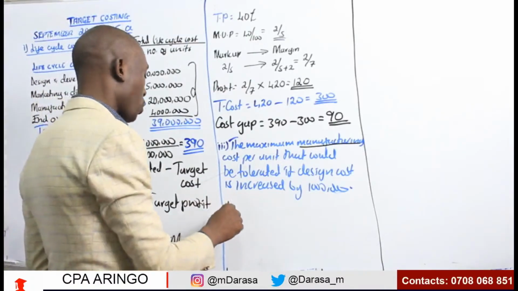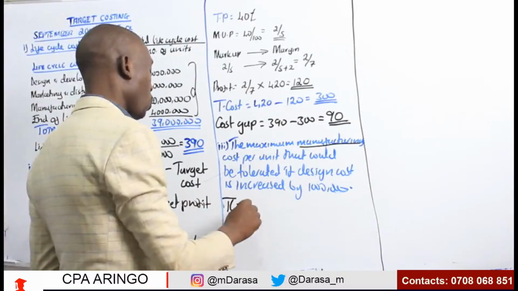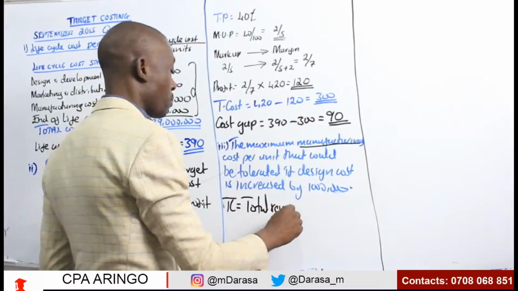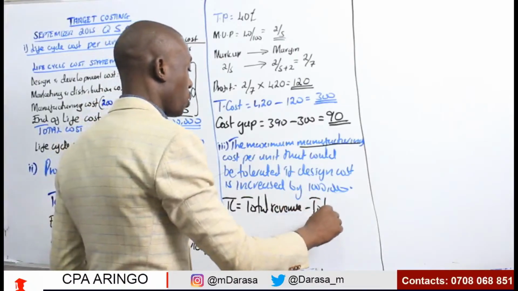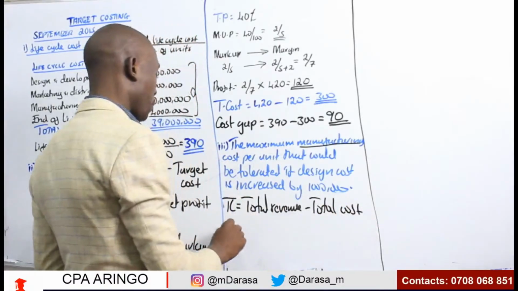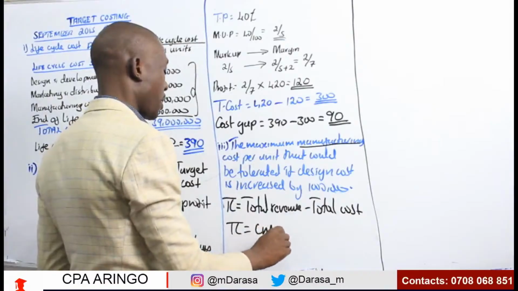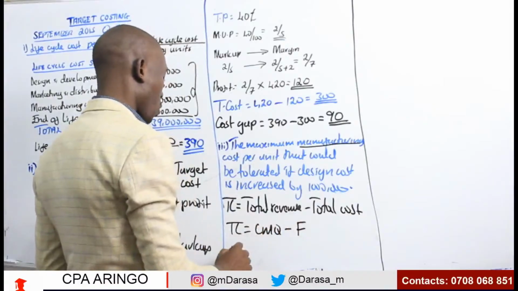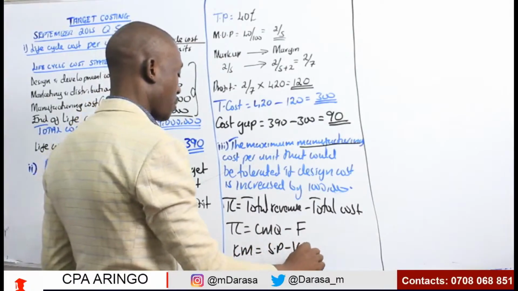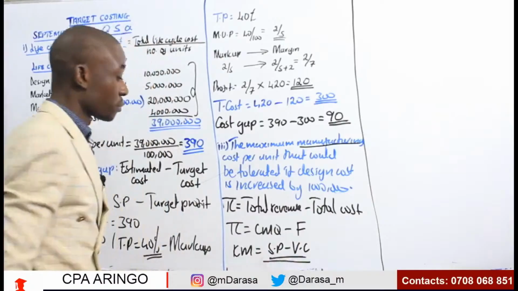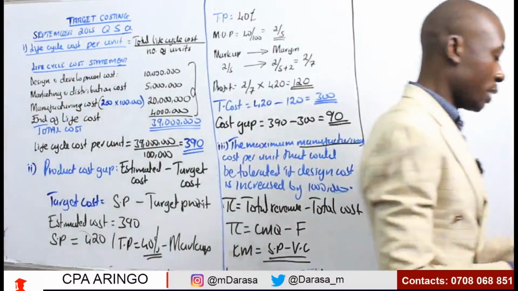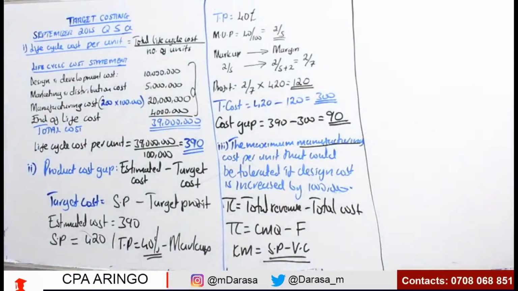To maintain my profit, which you know very well, we normally talk of our total revenue minus total cost, or my profit is CM times Q minus fixed cost, where our CM is selling price minus variable cost per unit. So we need to determine this.